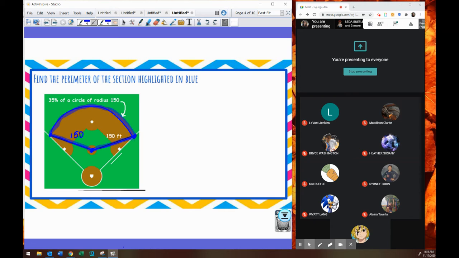It's 35% of a circle. Do you know what 35% would be as a decimal? Right. So in terms of percentages, if it's 35%, find your circumference of the circle and then multiply it by 35%. So try to find your perimeter of that circular spot, or the blue spot.